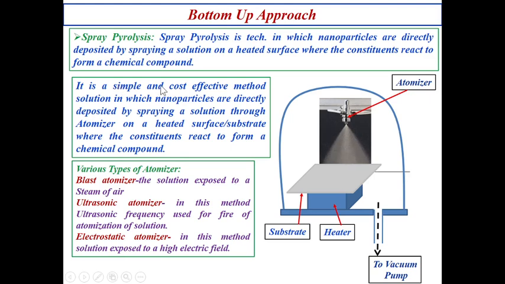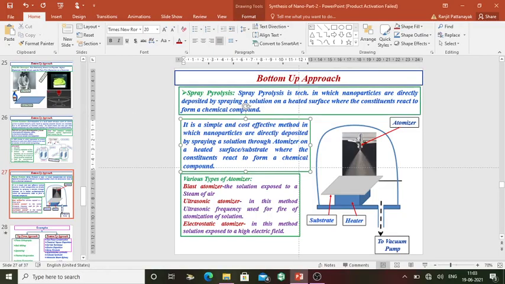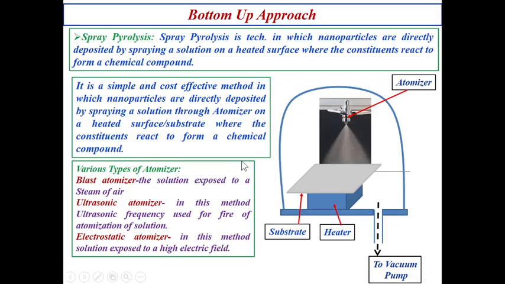It is a simple and cost effective method in which nanoparticles are directly deposited by spraying a solution through an atomizer on a heated surface or substrate, where the constituents react to form the chemical compound. I mistakenly wrote an extra word there, which you have to remove.